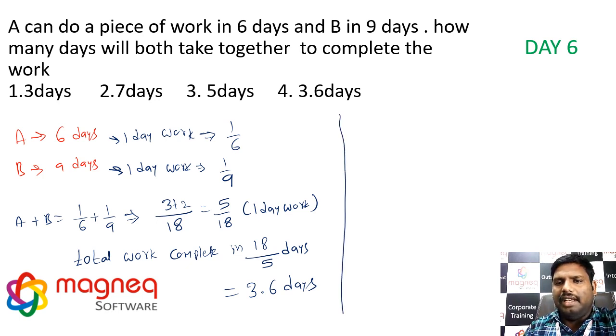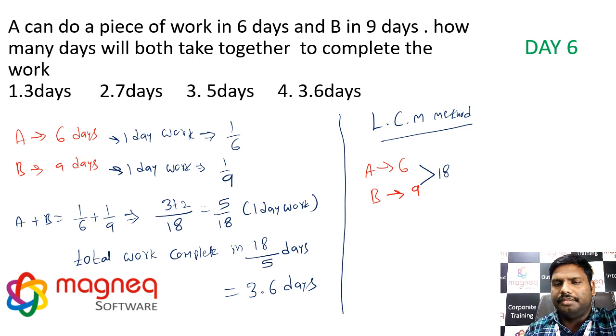Next, by using the LCM method. A's capacity is 6 days and B's capacity is 9 days. Their LCM is 18. So 18 by 6 means 3 units per day. 18 by 9 means 2 units per day.